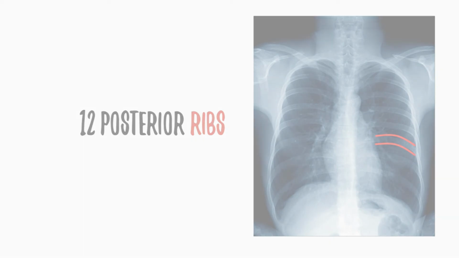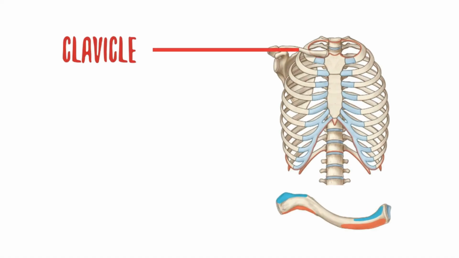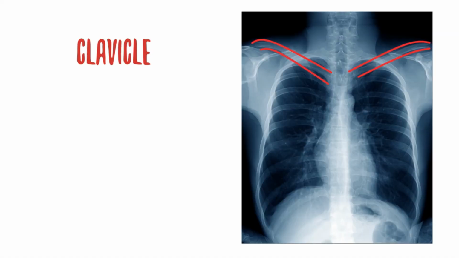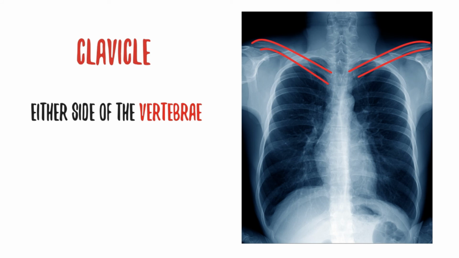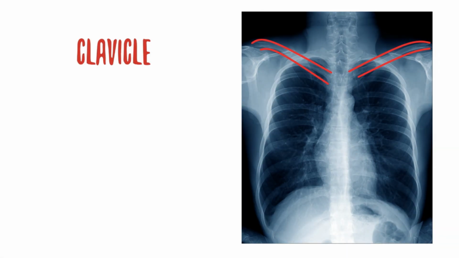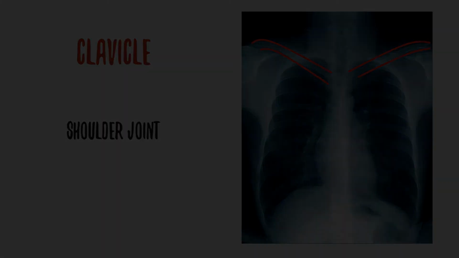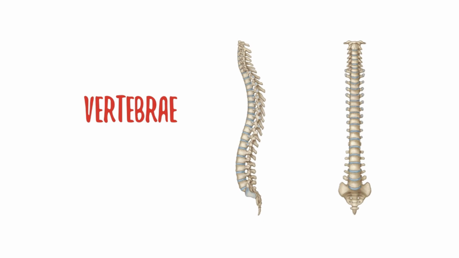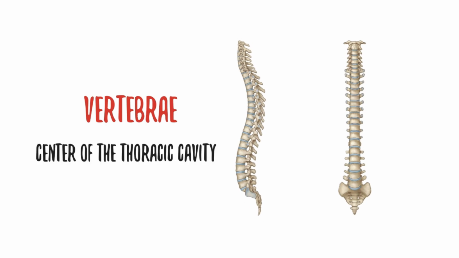We then look at the clavicles, which are also linear structures located on either side of the vertebra on the upper part of the chest wall. The clavicles will then eventually go on to meet the bones making up the shoulder joint. Finally, we're looking at the vertebra, which is located right across the center of the thoracic cavity.